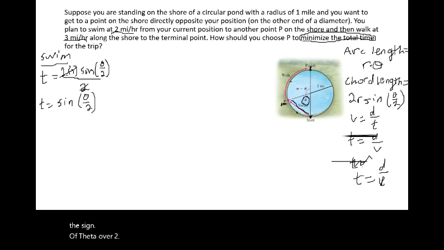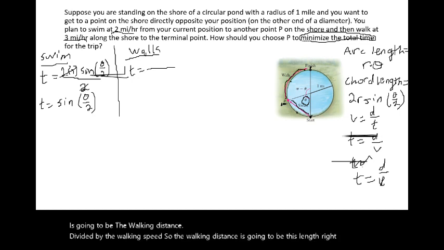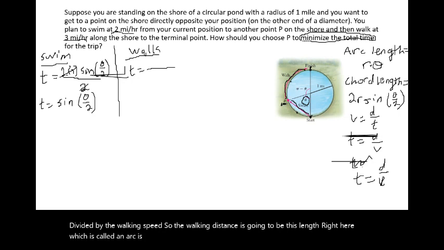Then we're going to do that again for walking. So the total time spent walking is going to be the walking distance divided by the walking speed. So the walking distance is going to be this length right here, which is called an arc. An arc is a piece of the outside of a circle.